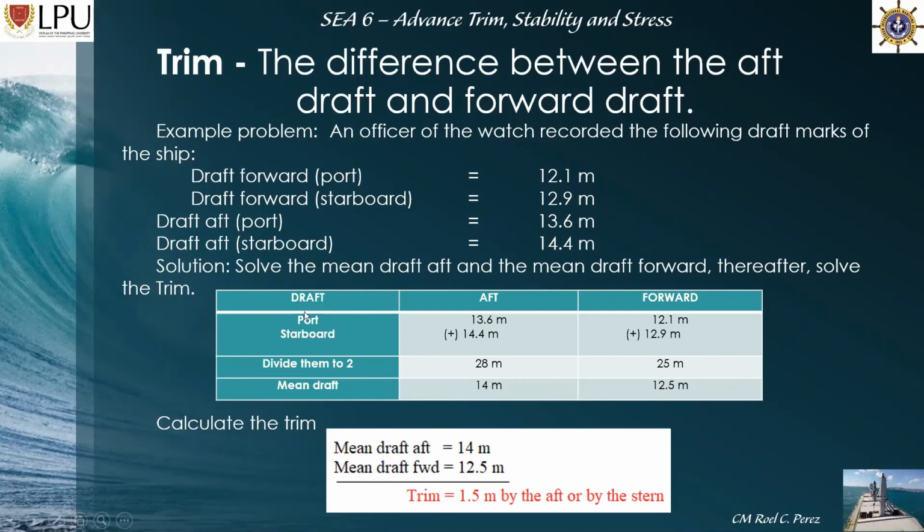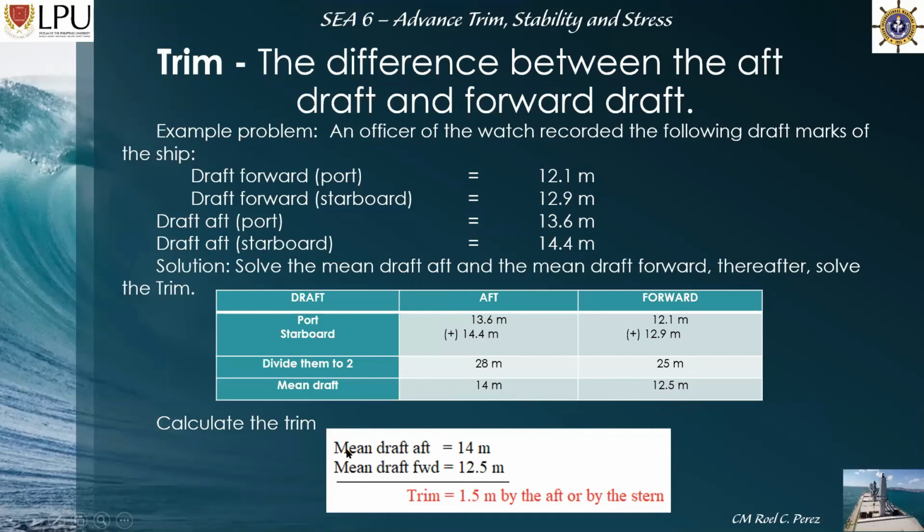So, average mo muna yung draft forward, add mo, and then divide by 2. And then the draft forward, you add the 2, and then divide by 2 is 12.5.